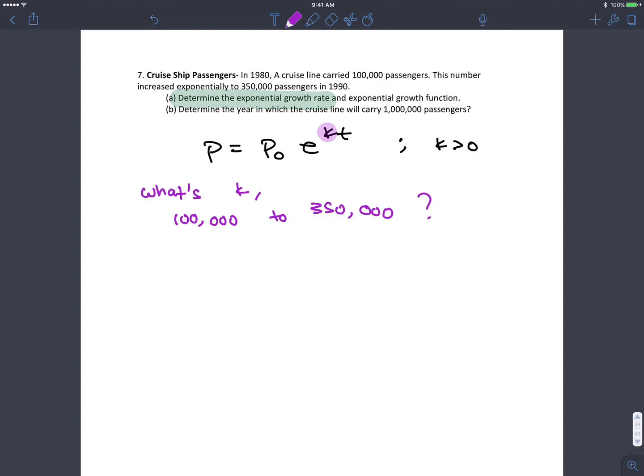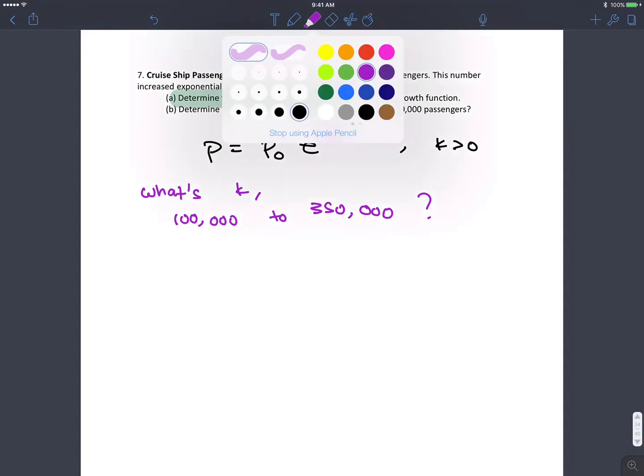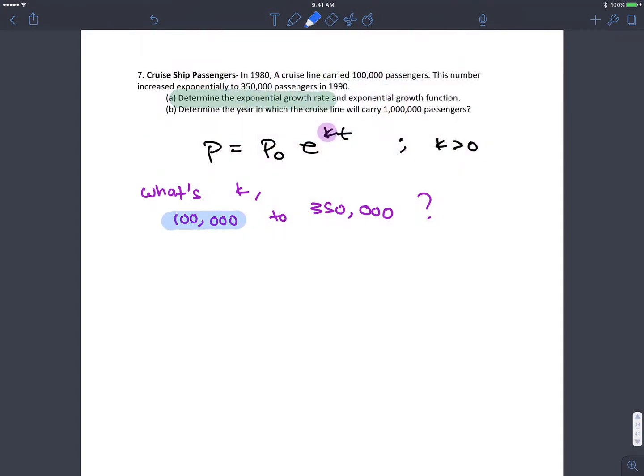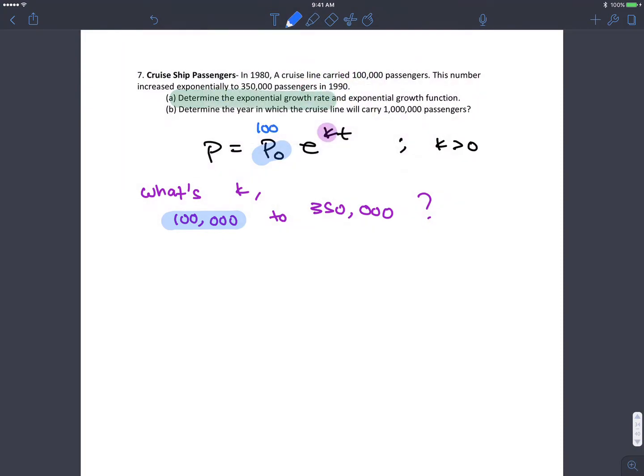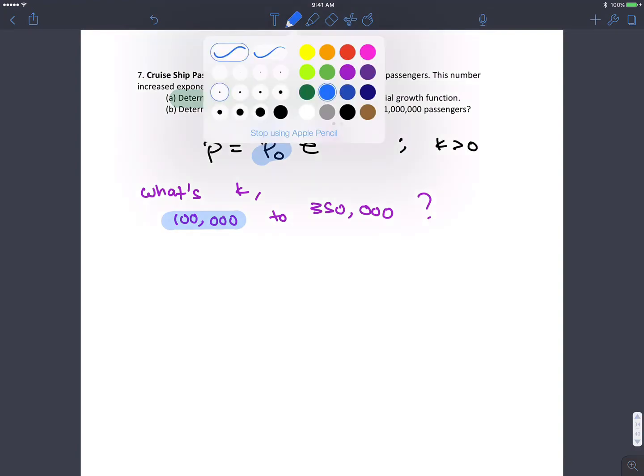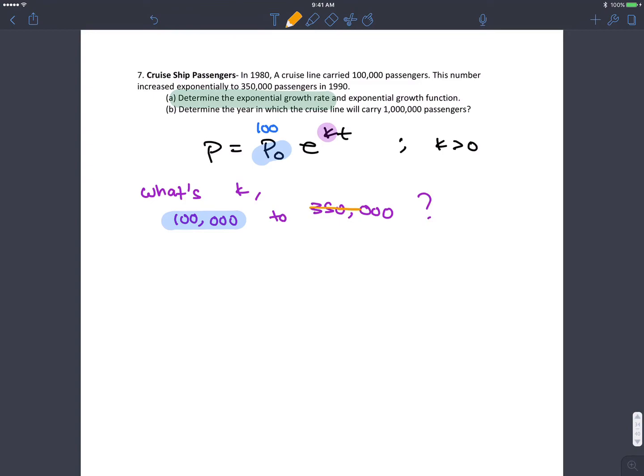Well, the initial amount, we're going to write this way. 100,000 is our initial amount. That goes right here. So I'm going to put really 100 for 100,000. And at some time, we don't know the time, we go to this value over here, 350,000.